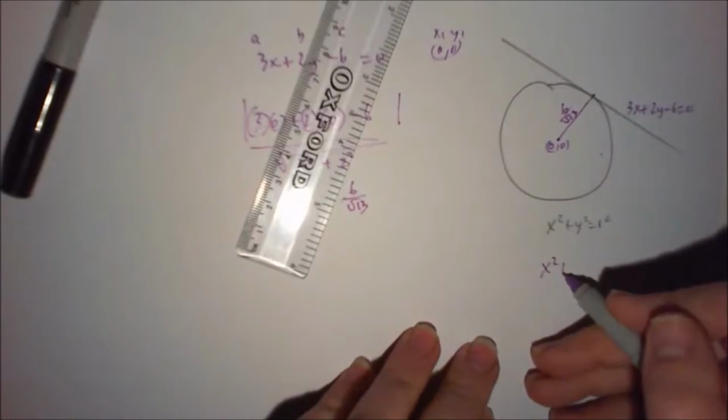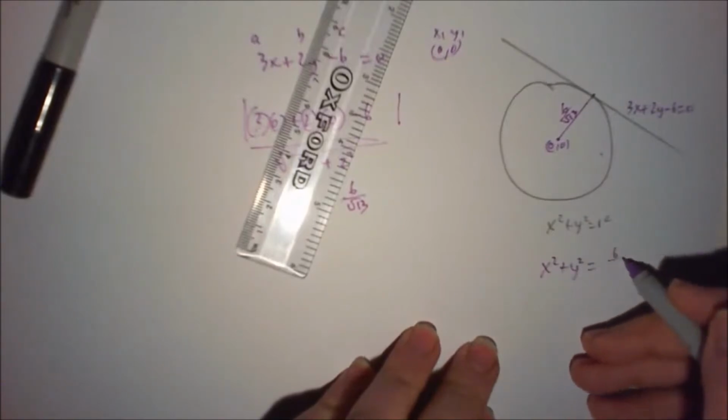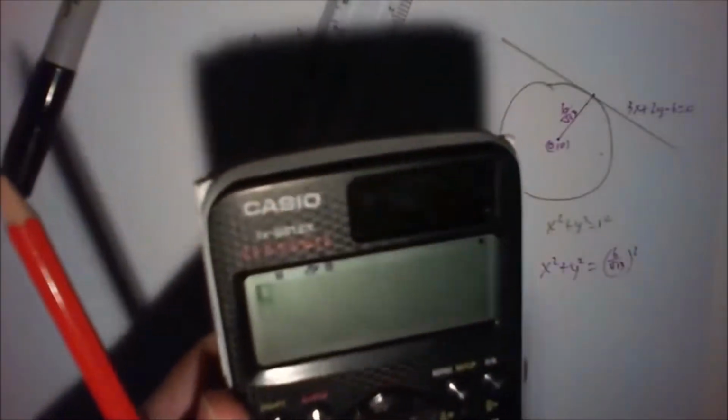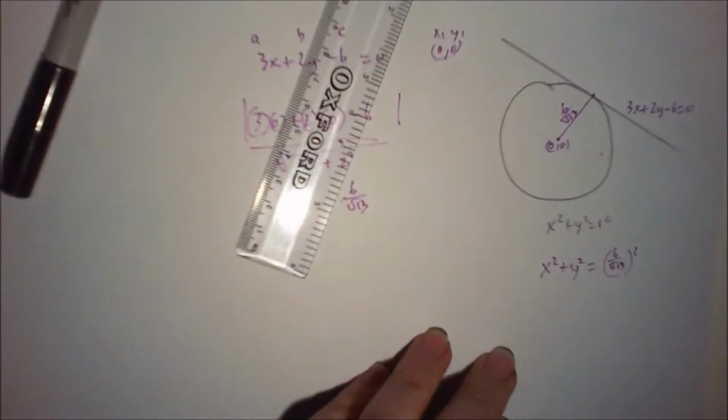So it's x squared plus y squared is equal to 6 over root 13 squared. Okay, so 6 over the square root of 13 squared is, this looks weird, 36 over 13.